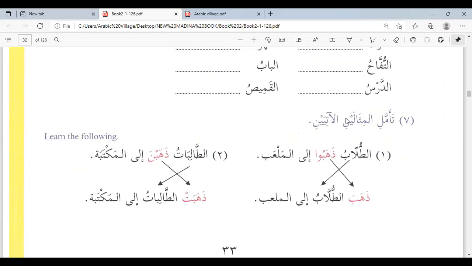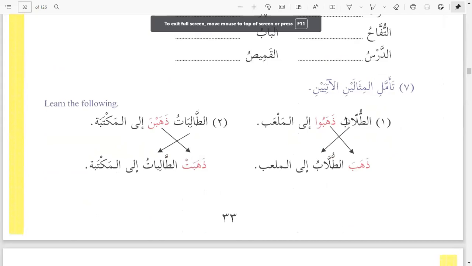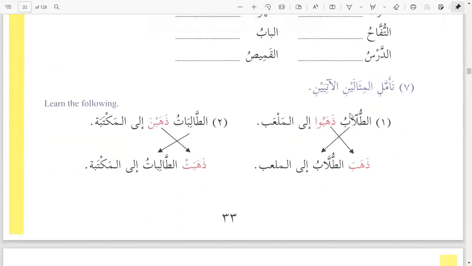Learn the following. When there is a nominal sentence, Jumlatul Ismiya, with a plural subject, like at-tulabu, which is the plural of talibun, we use the plural form of the verb.